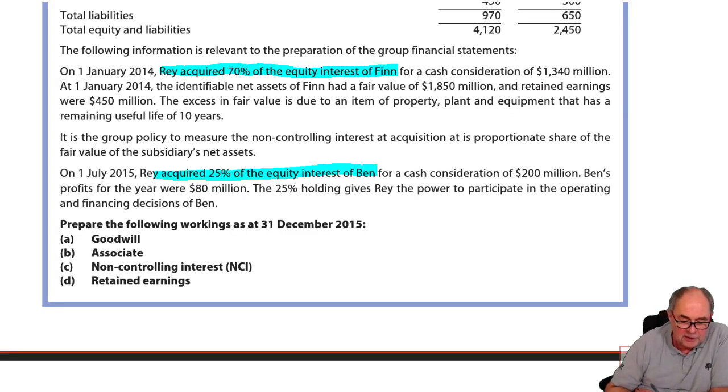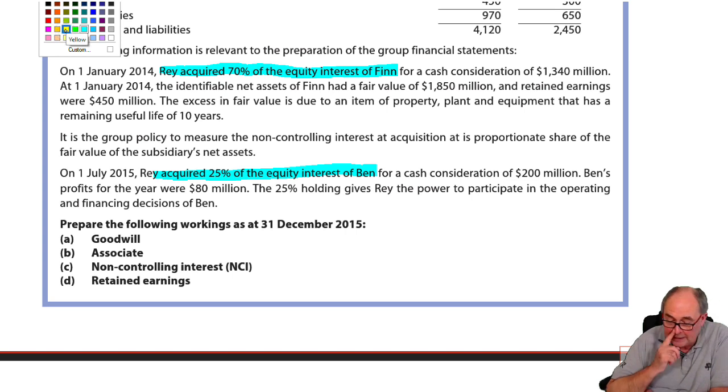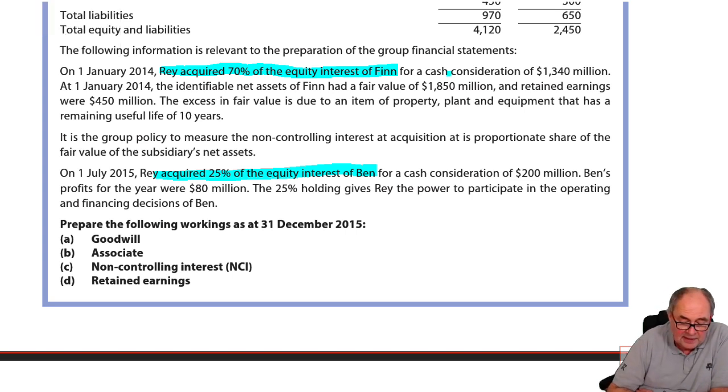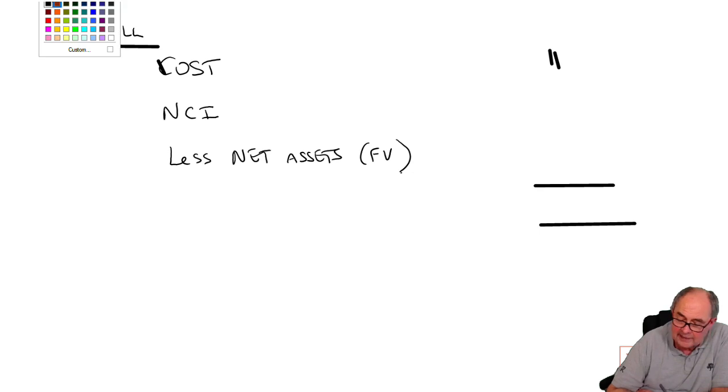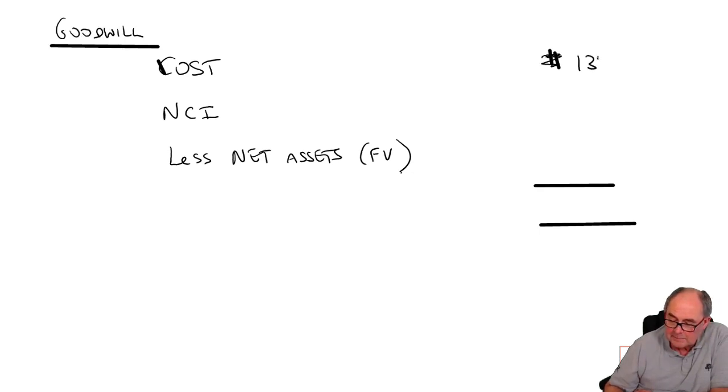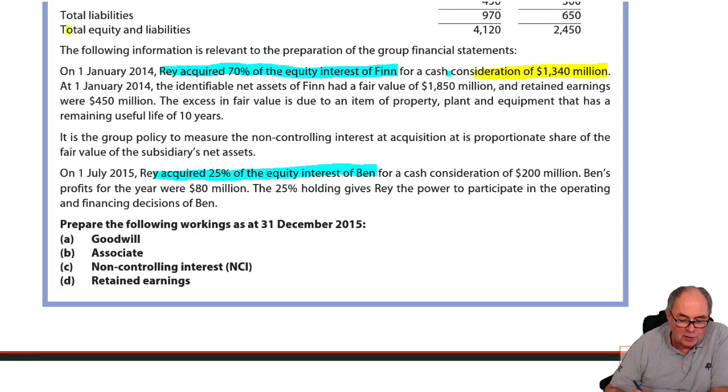So what was the cost? I'm just highlighting that number in yellow. It's given. The cash consideration that I am paying there is $13.40. So the cost is $13.40. The next issue is to work out how the NCI is to be measured. It says the NCI is to be measured not using fair values, but using proportionate goodwill.